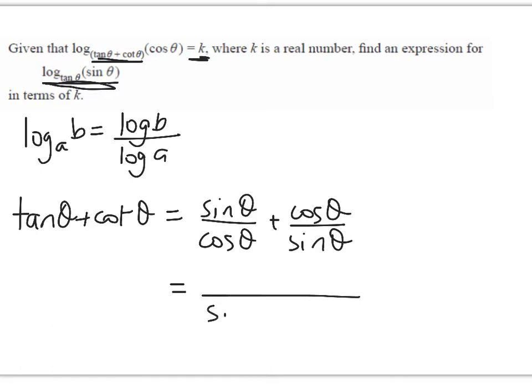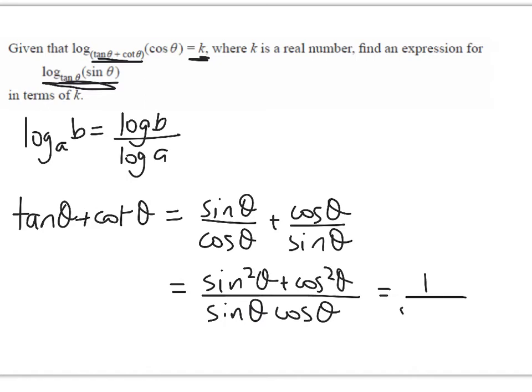So adding the two fractions, here's what we get. We get sine squared theta plus cos squared theta, and that equals 1 over sine theta cos theta. Okay, so just make sure that you're writing this down as you go if you are following through.